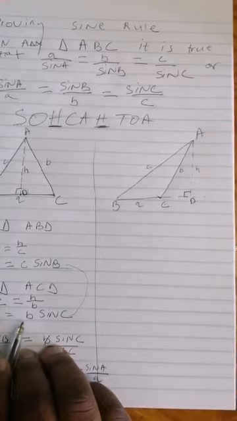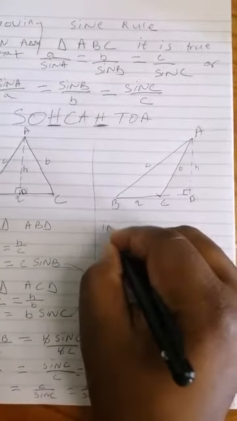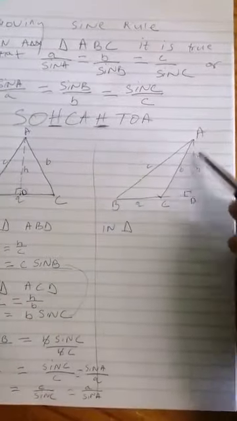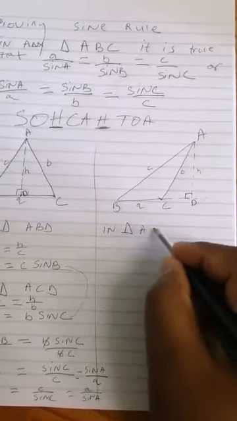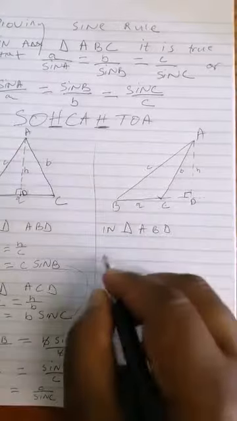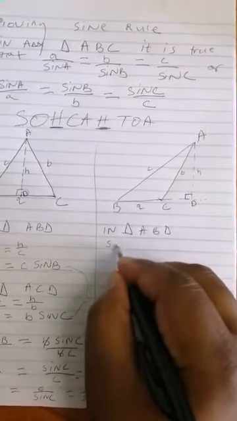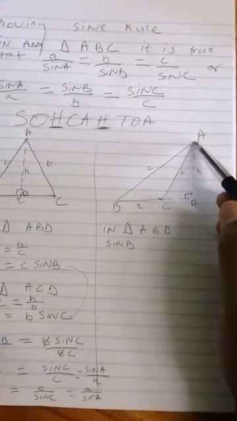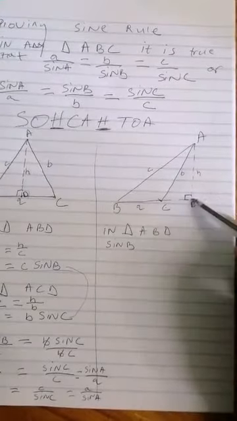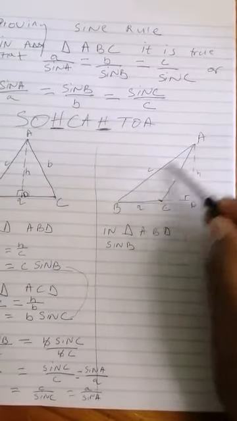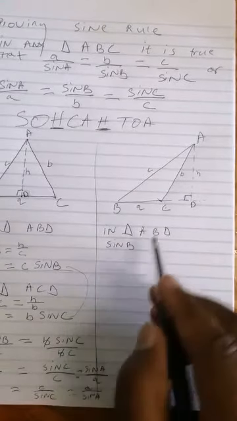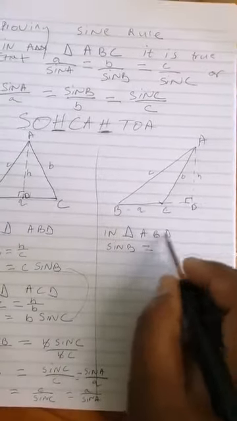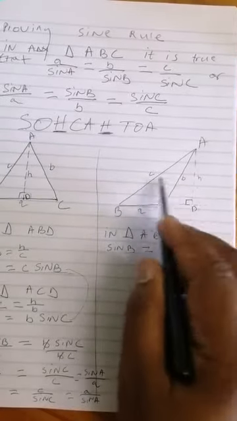Now here, let us do the same thing. Let us look in the big triangle ABD, and we are looking for sine B. Remember, big triangle. Can you see that is a right angle triangle? Okay. So sine B for this triangle will be opposite over hypotenuse.